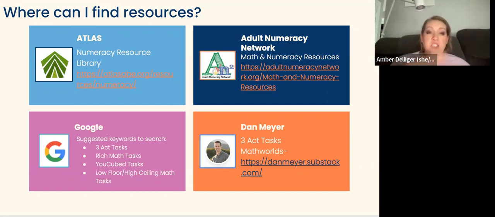You can find sheets for students to use. Rich math tasks seems to be one of the key words for some Dan Meyer-ified lesson approaches. U Cubed has some great tasks that you can use as well. And then the always helpful low floor, high ceiling math tasks. Those are just some things you can Google to get ideas from. Know that Google's a resource and it's fine.